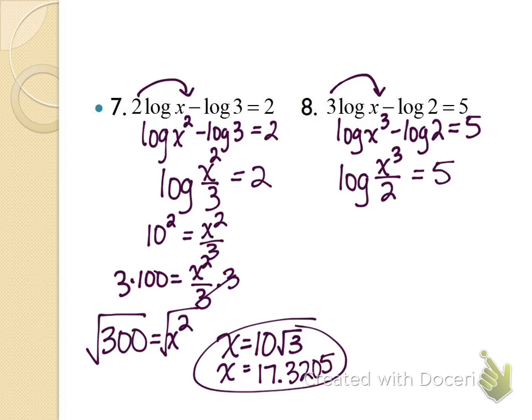We are ready now that we just have one log to rewrite this in exponential form. What is my base? 10. My exponent? 5 equals the x cubed divided by 2.